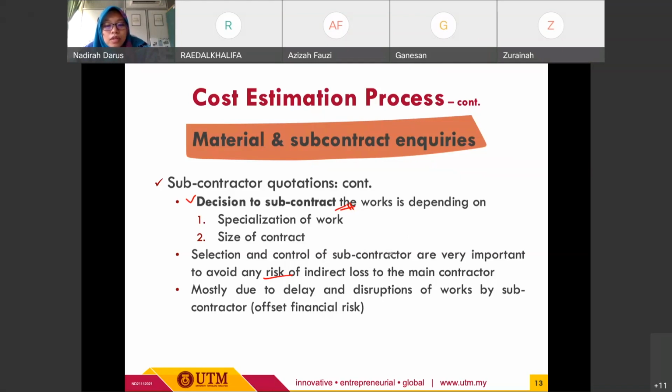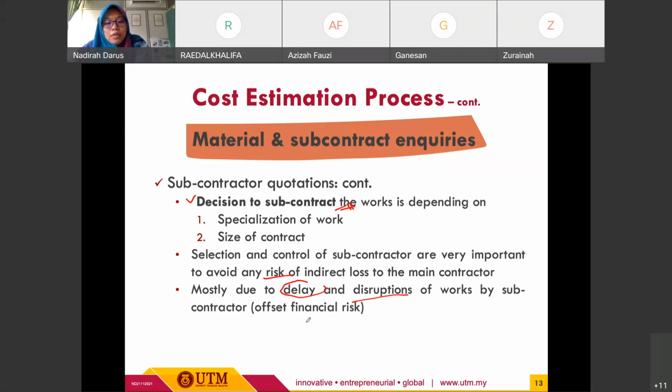They need to properly control and select the subcontractor for the works, because mostly the delay and disruption of works by the subcontractor will affect the main contractor. So that's why this consideration is quite important.